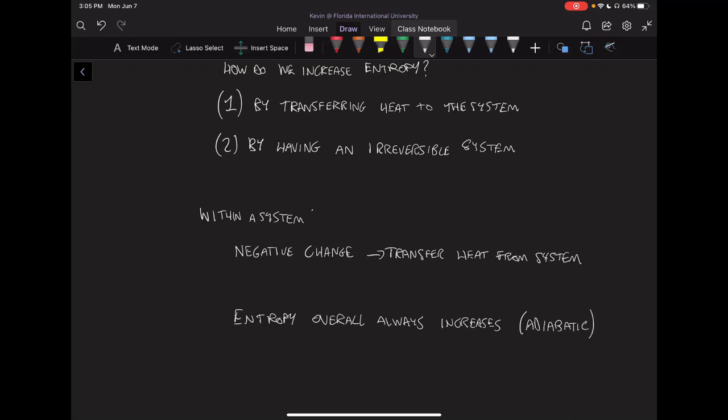Obviously, if we look at a heat exchanger and we look at one side of it, the entropy can be negative from one side to the other because heat is coming out of that system. But if you look at the system as a whole and the system is adiabatic with the surroundings, so if you take, for example, a heat exchanger and say that the heat transfer to the outside is negligible, then you can say that entropy overall always increases.